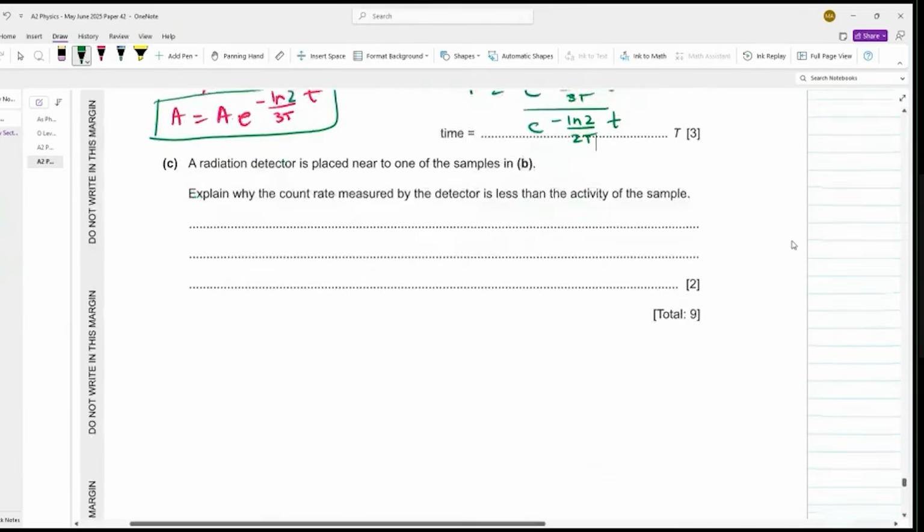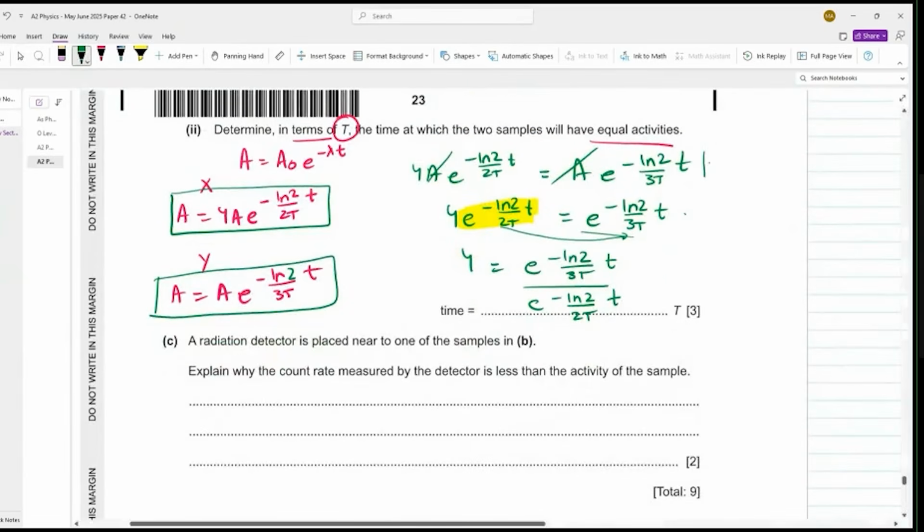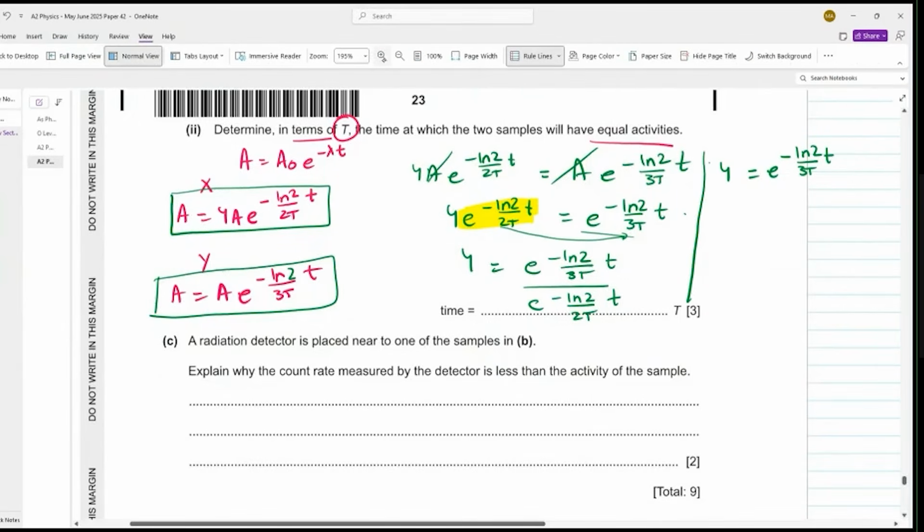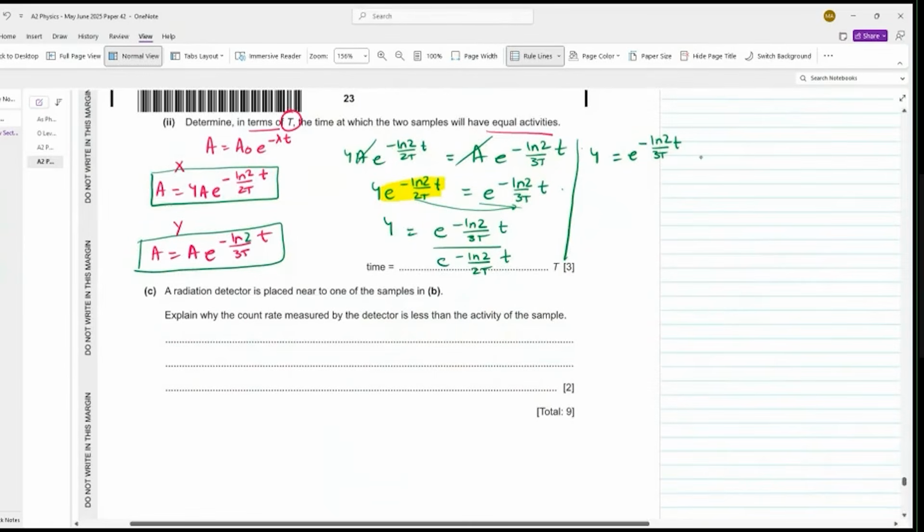What will happen? 4 is equal to E minus ln2 divided by 3t into t. Let's zoom out a bit. When this goes up, it becomes plus ln2 divided by 2t into t.